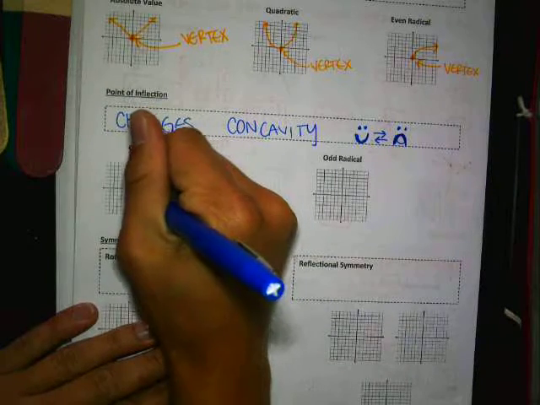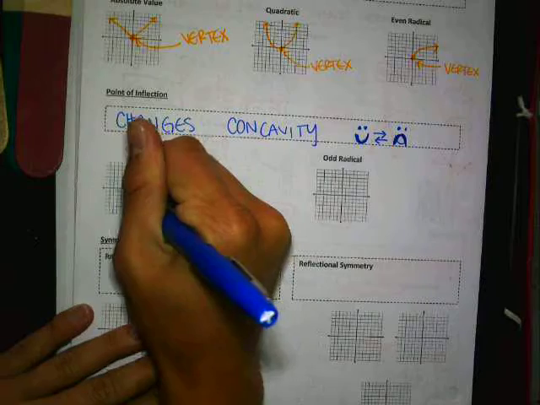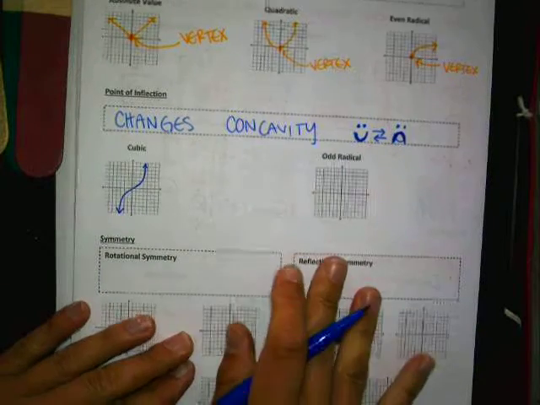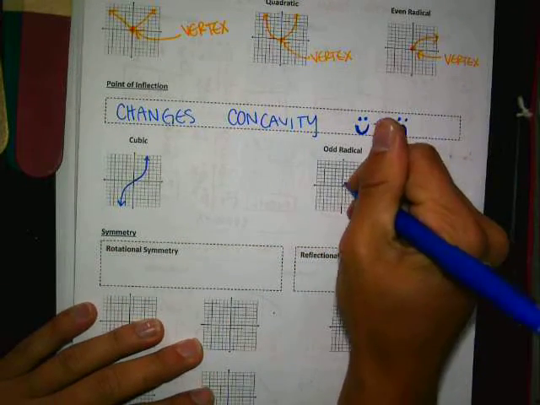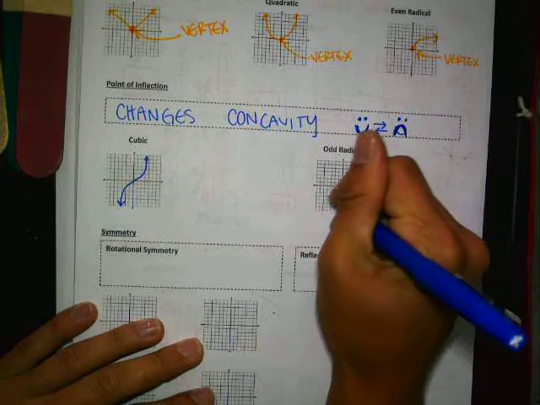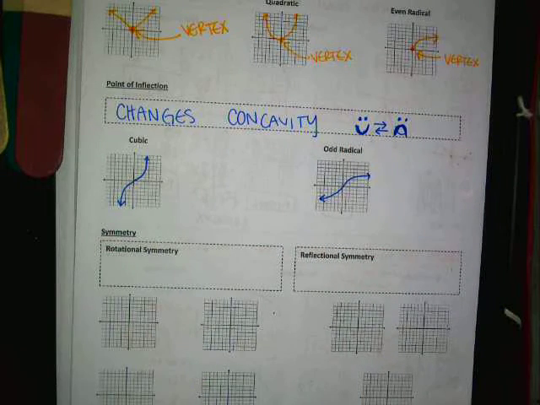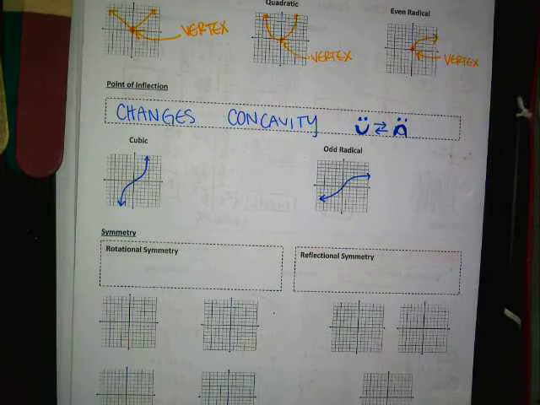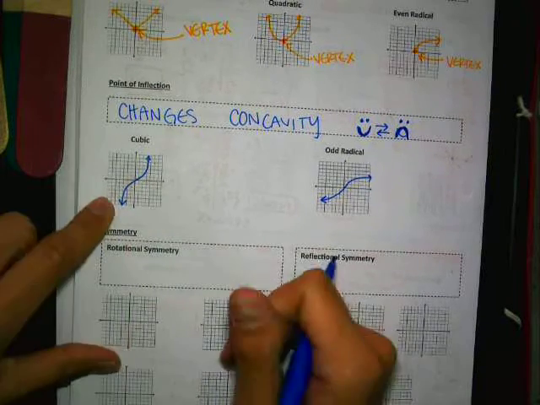So let me draw my picture and it'll make a ton of sense. Draw a cubic. Draw an odd radical. If you look at your function right here, you put 2 dots.